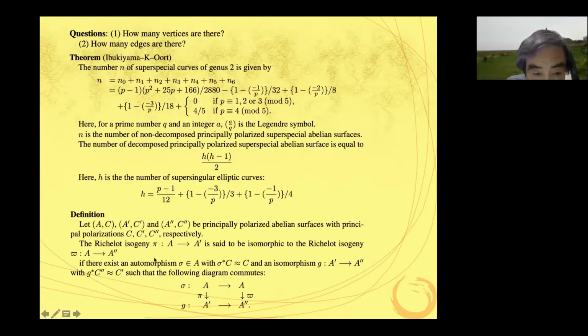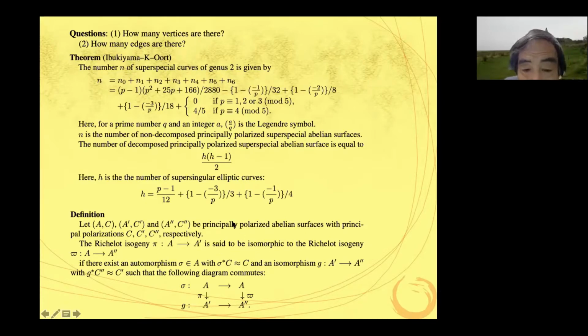And now we give a definition of isomorphism of two Richelot isogenies. So we consider three principally polarized abelian surfaces. And we consider Richelot isogenies from A to A' and from A to A'', two Richelot isogenies.